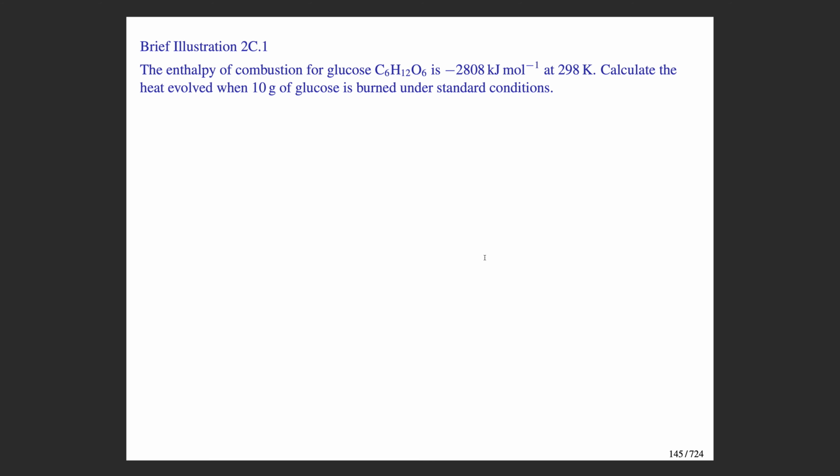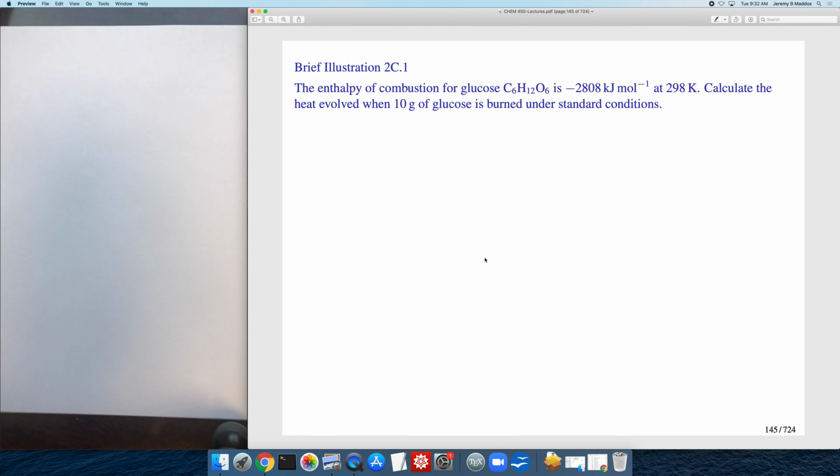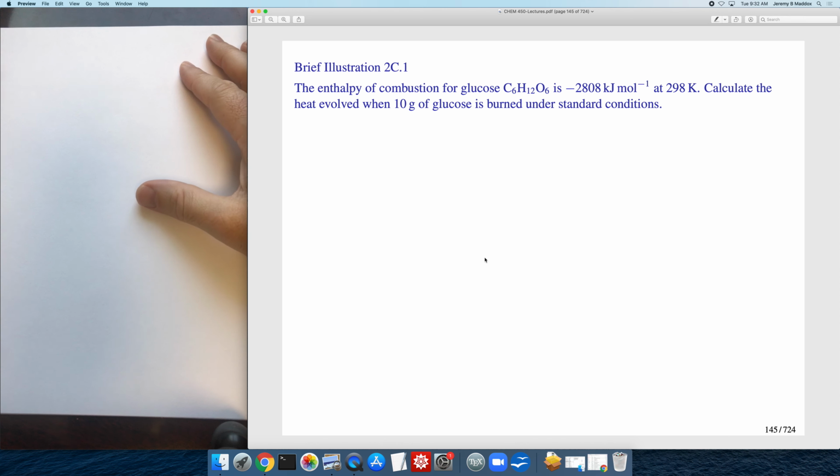So here we have a reaction. We're being asked to look at the combustion of glucose. They want to know how much heat is evolved when 10 grams of glucose is burned under standard state conditions.